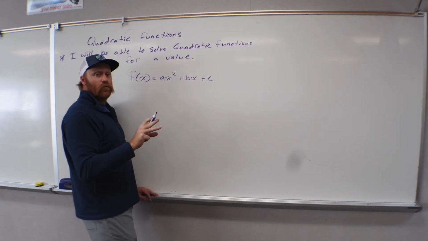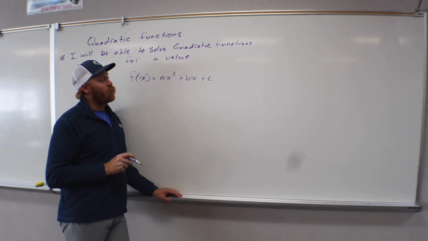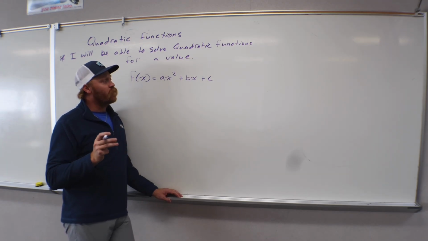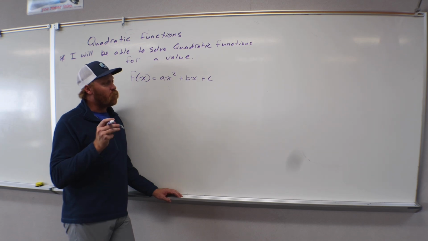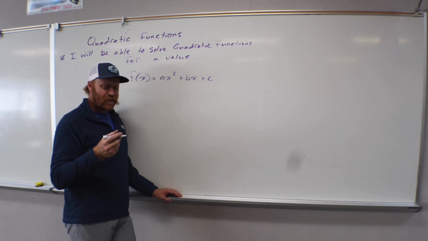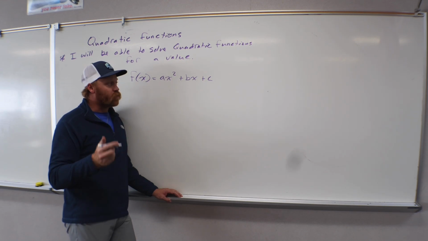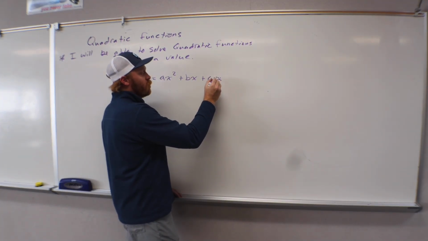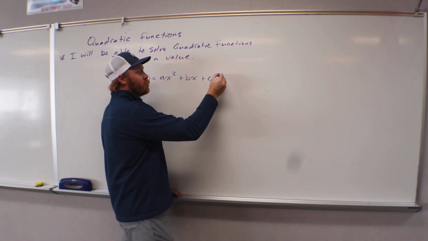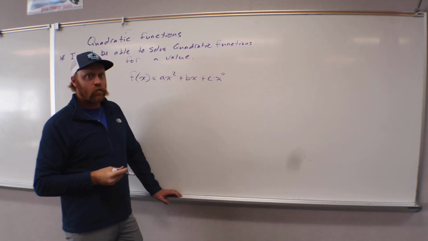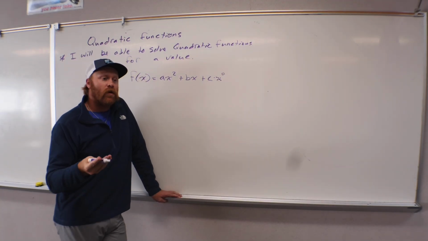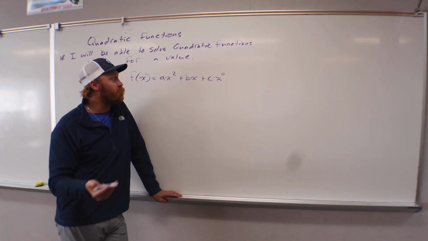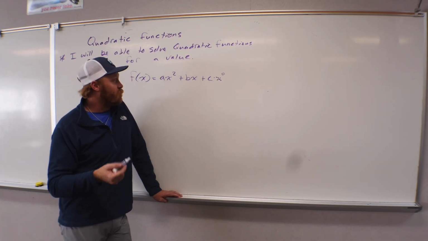This goes back to another part that we were talking about in class, which is one of those things that as a math teacher, I do feel we have a bit of confusion that comes from not knowing where the invisible stuff is. There is an invisible x right here, and that invisible x is to the 0th power. Why does that work? Well, anything to the 0th power is 1. 1 times c is still that c.